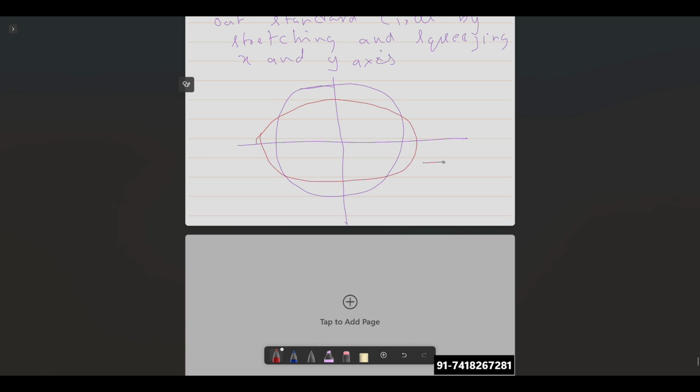That means this direction has been stretched by a factor a, and in this direction we are squeezing by a factor b. So that is why this coordinate is a, and this coordinate is b.